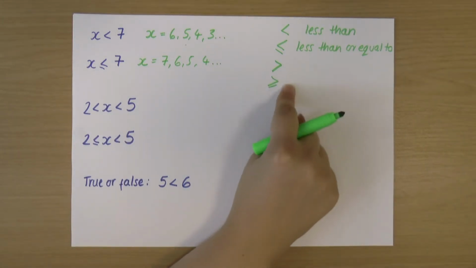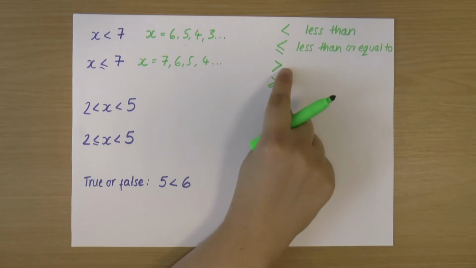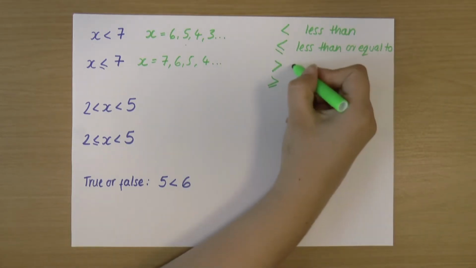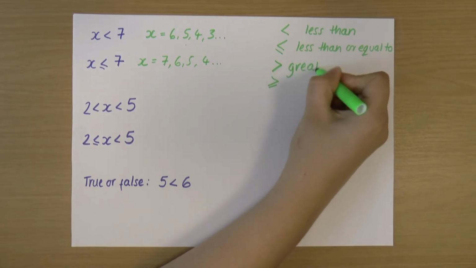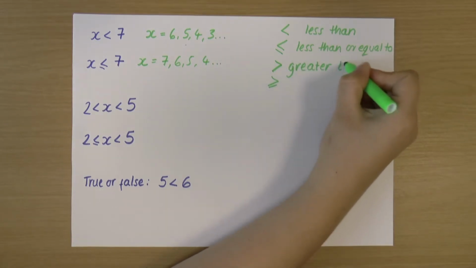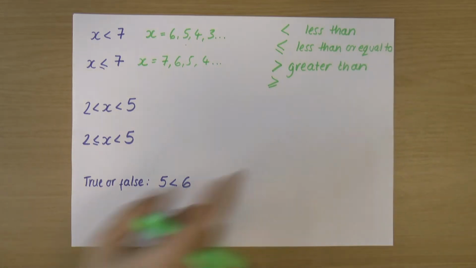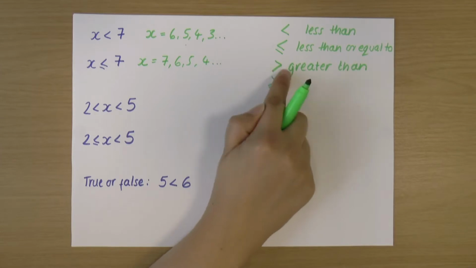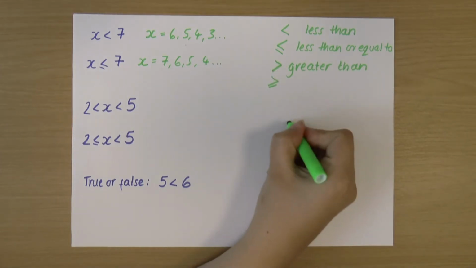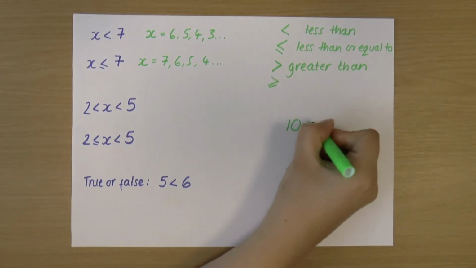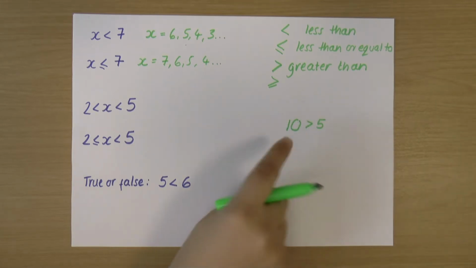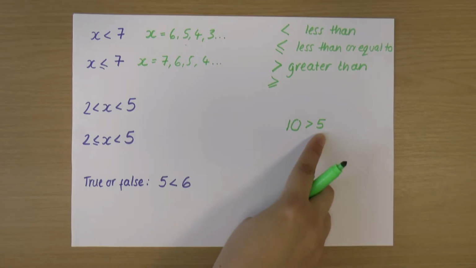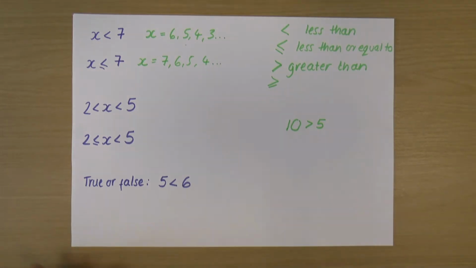Going back to these symbols over here, we've now got this one, which, if this means less than, then this one means greater than. So it's the opposite way round. So if I have a pair of numbers, again one on each side, so for example 10, 5. This is saying 10 is greater than 5. So that's greater than.